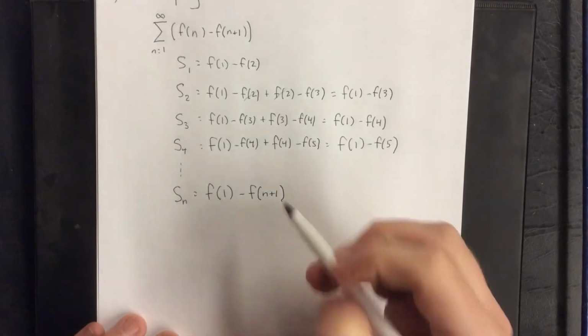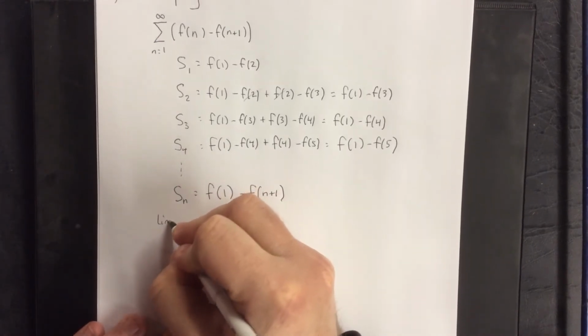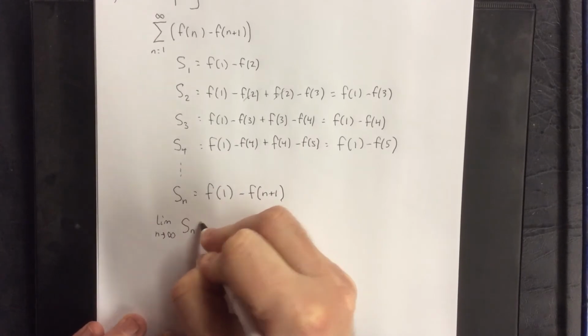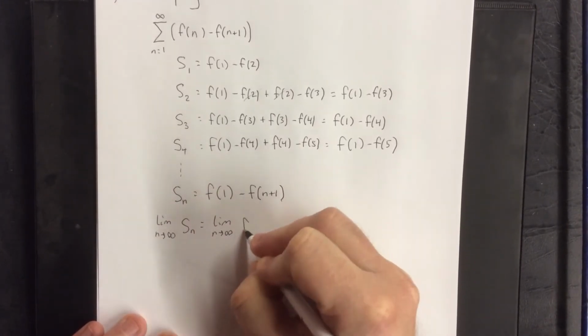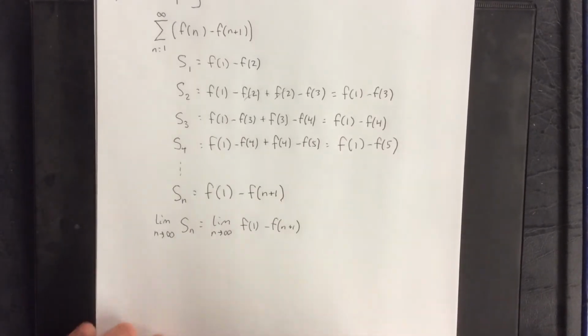Now typically what will happen is, in order to consider whether the series converges or diverges, we will need to consider the limit as n approaches infinity of this nth partial sum. So limit as n goes to infinity of f of 1 minus f of n plus 1.